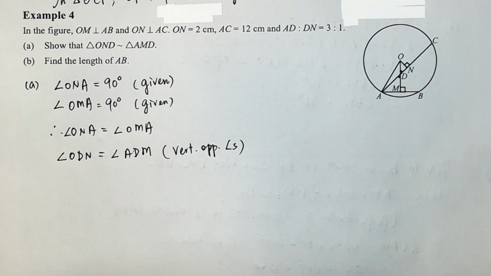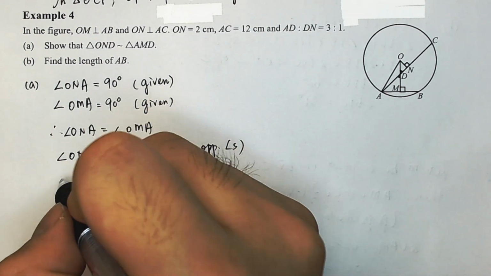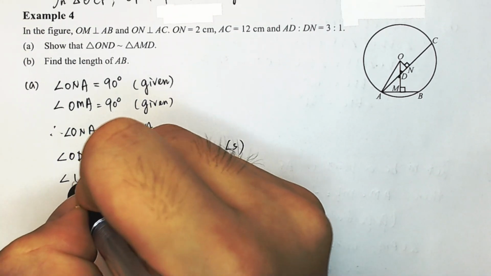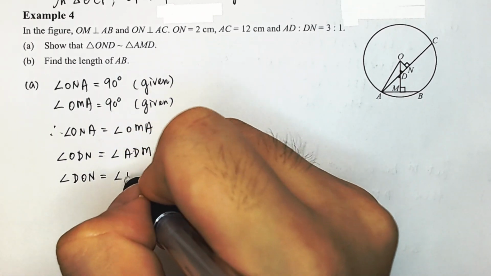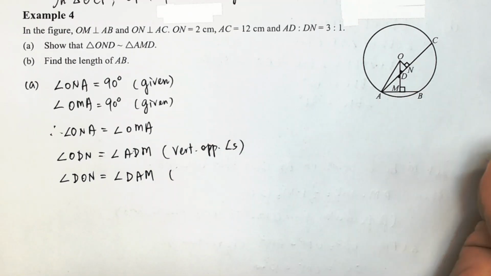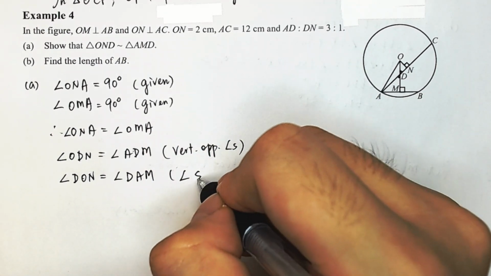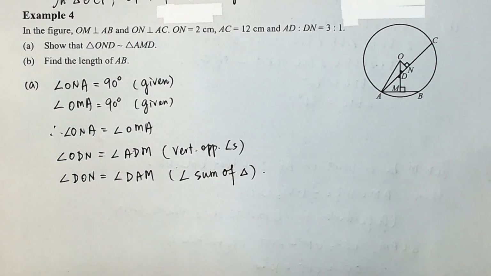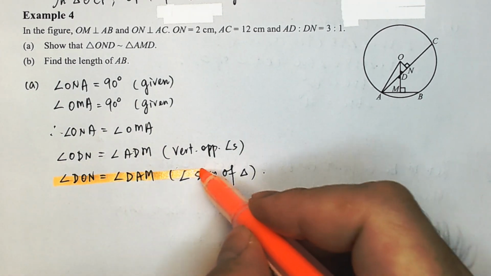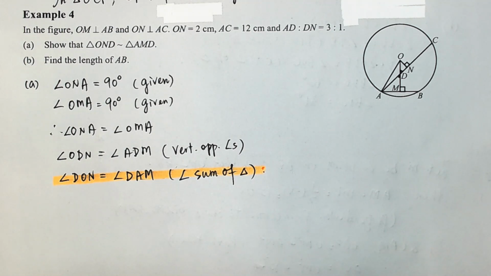But at this stage, you can write the pair of remaining angles like this. So we have the remaining angle, angle DON should be equal to angle DAM. It's true based on angle sum of triangle. It may be a little bit weird for you to write 2 angles equal, but the reference is the sum of 3 angles equal 180 degrees.